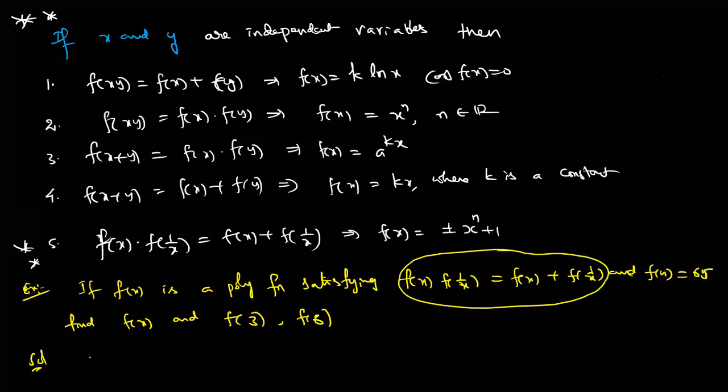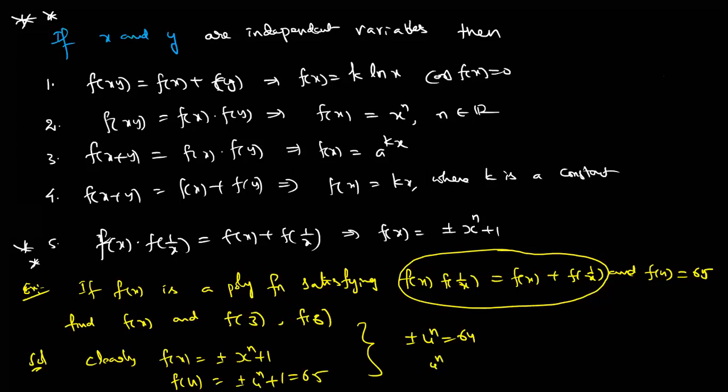Clearly f of x is equal to plus or minus x power n plus 1 is satisfied. So f of 4 is plus or minus 4 power n plus 1 is equal to 65. So plus or minus 4 power n is equal to 64. 4 power n is what? 64. Positive is the right answer, minus is not possible. So I can write n is equal to 3. So therefore f of x, can anyone guess? x cube plus 1, that is the answer.